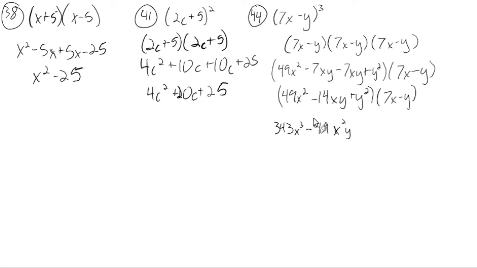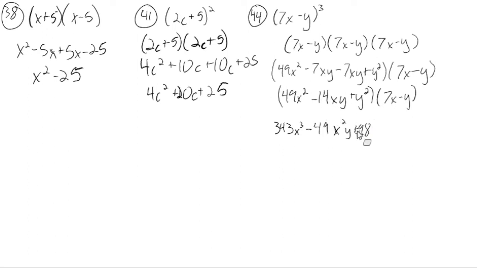It's going to take up a lot of room here. Now we'll move on to the negative 14xy. Negative 14xy times 7... oh, sorry. Let's see where I messed up there. We were doing negative 14 times 7.